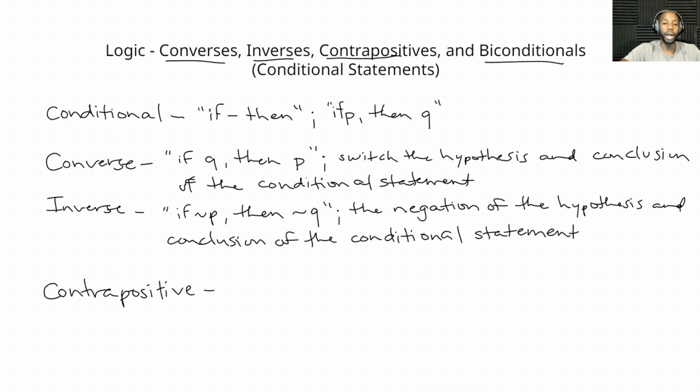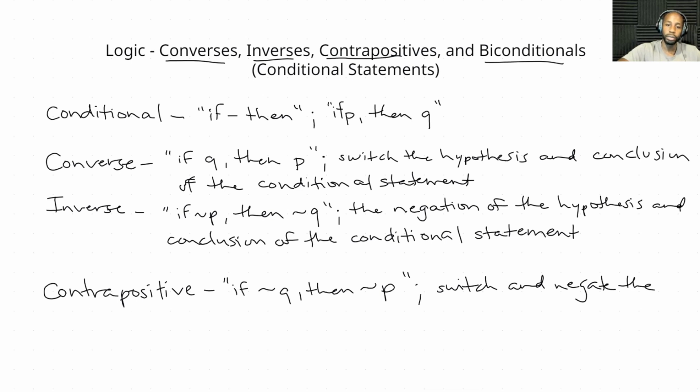The contrapositive is like this, and you can probably guess it: if not Q, then not P. Basically, it is when you switch and negate the hypothesis and conclusion of the conditional statement.